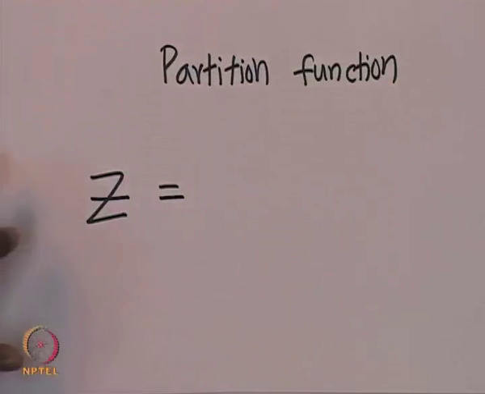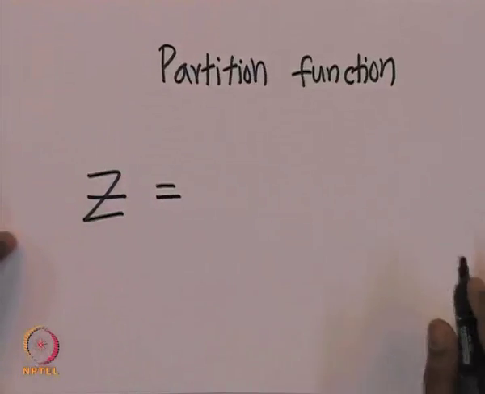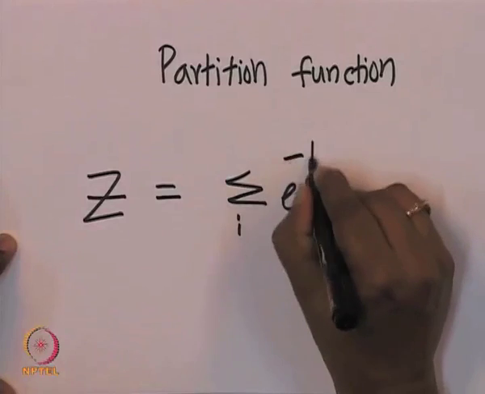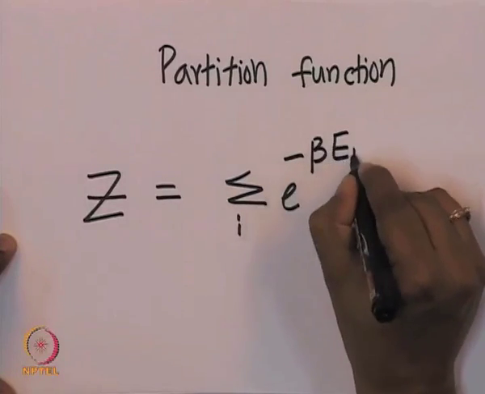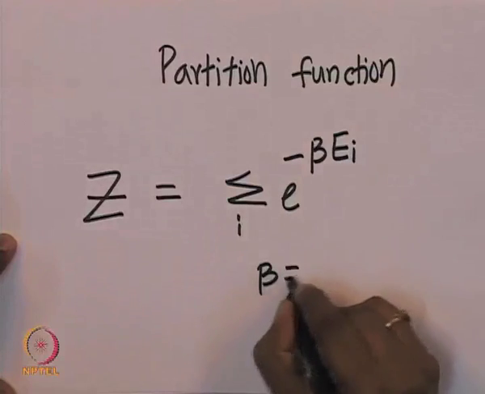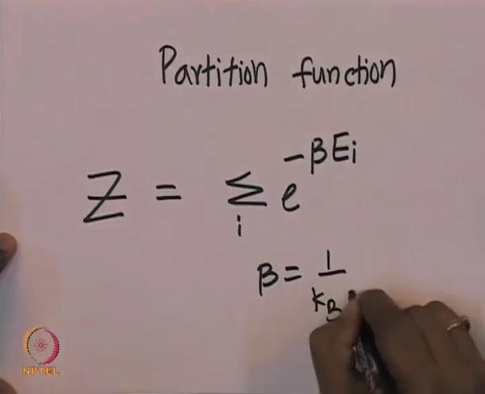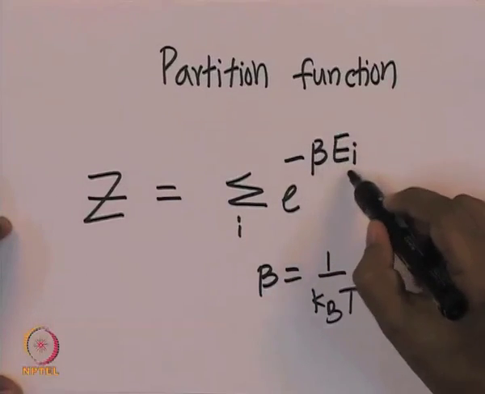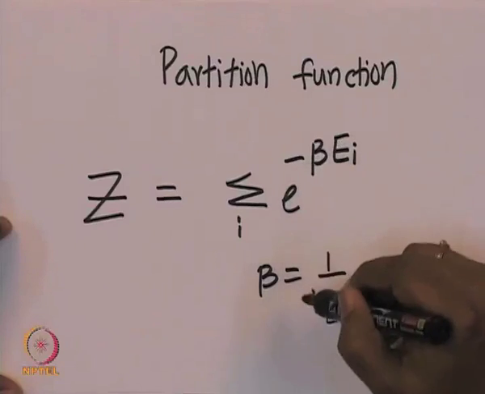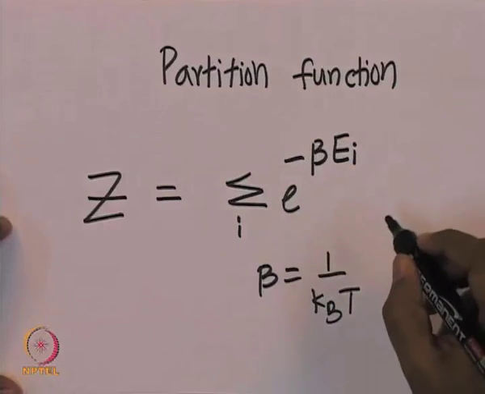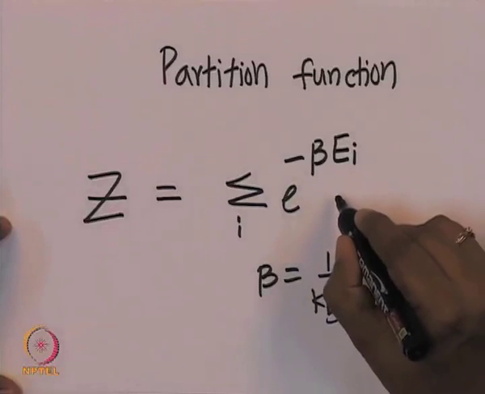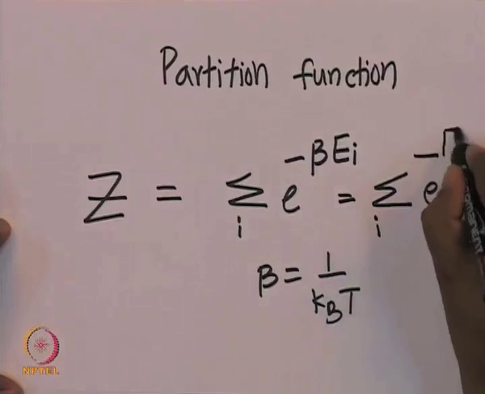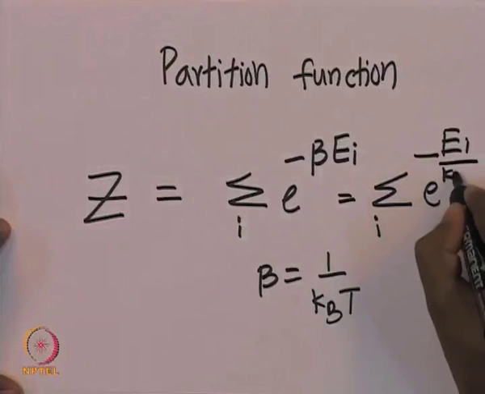The definition of the partition function is that it is the sum over all states of the exponential of the energy multiplied by beta, where beta is 1 over kBT. This is the same as the sum over i of e to the power minus Ei by kBT.